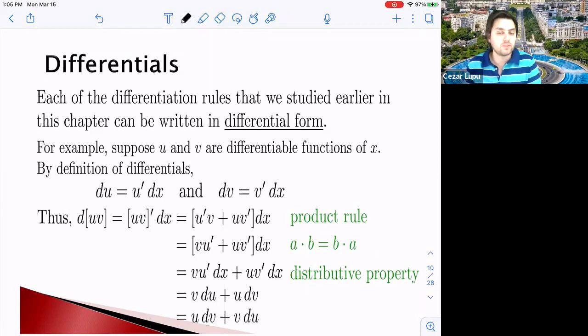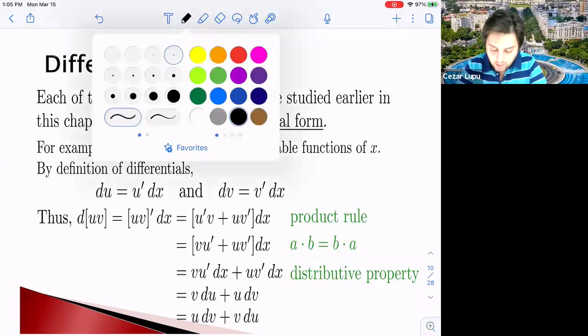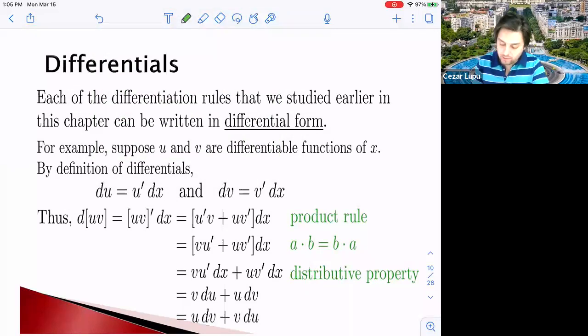And also, let's remember we had the product rule. d(uv) is nothing else than (uv) prime. And by the product rule, imagine we apply the product rule here.